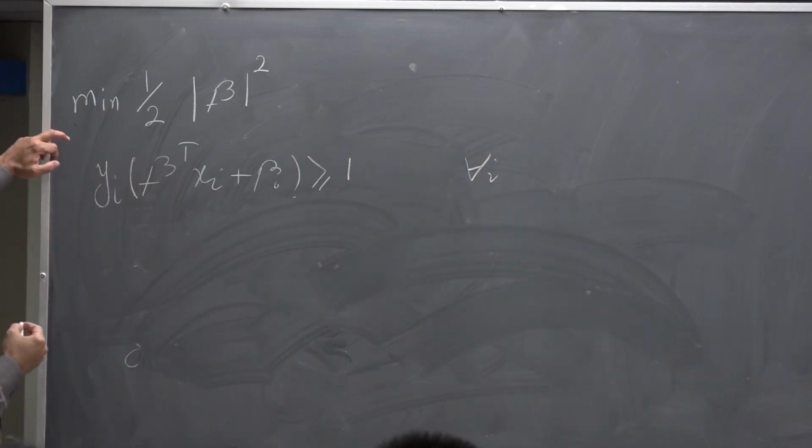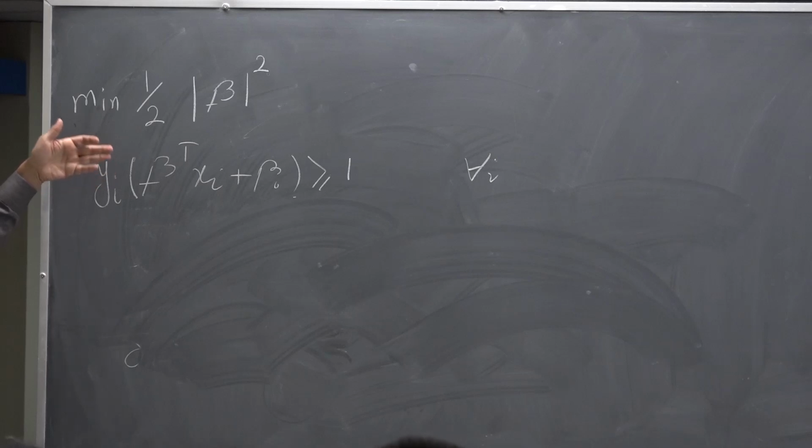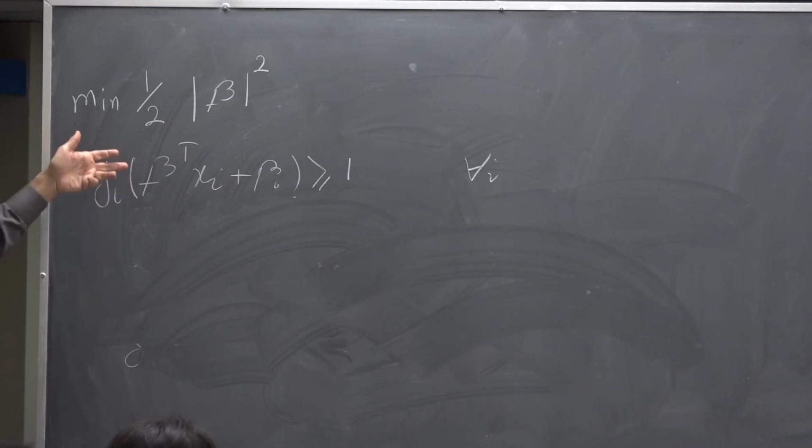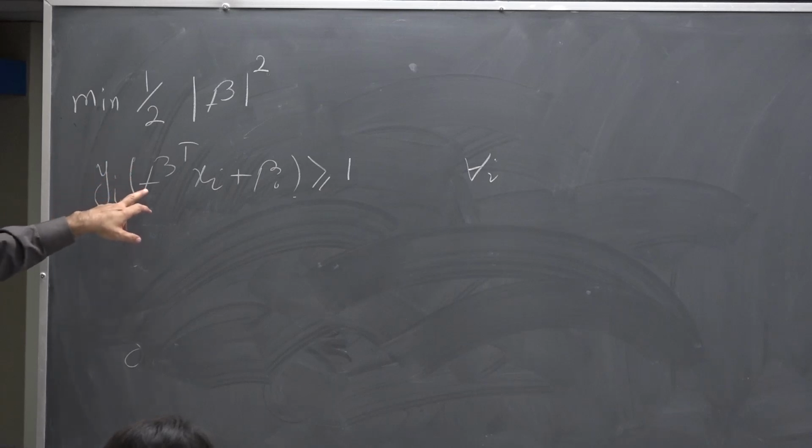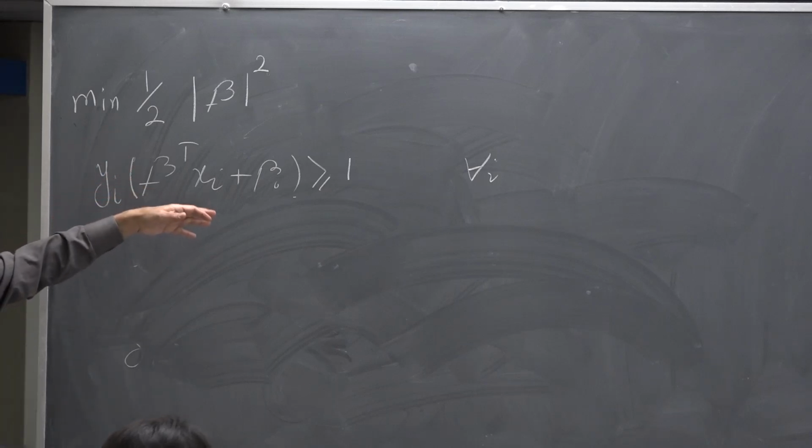And then we managed to write the dual form of this optimization problem, and it turned out that the dual form is a quadratic programming, a convex problem that we can solve and find the dual variable, and we know how to compute the primal variables in terms of dual variable. So we can get back beta and beta null.